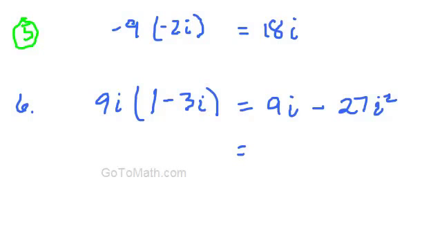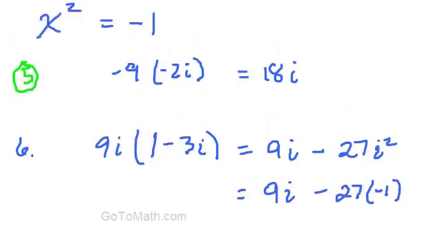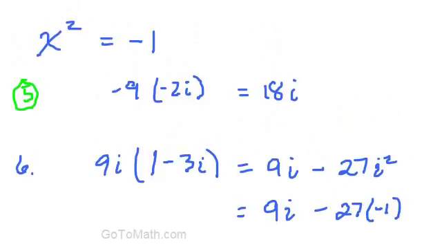So we end up with 9i minus, now you must be asking, what is i squared? What in the world could that be? Well, I'm going to tell you it's negative 1. Now we're going to go back up to here. i is defined to be the square root of negative 1.